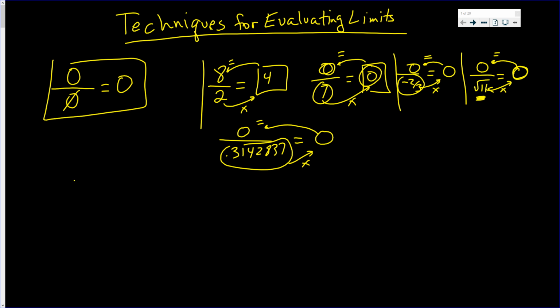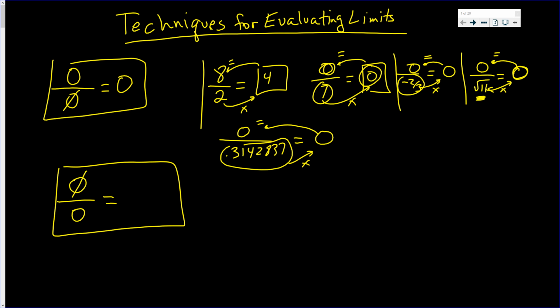Well, what if you have not 0 on top, but 0 on the bottom? What will this equal? Well, if you have not 0, 8 over 0, well, 0 times what number gives you back 8?